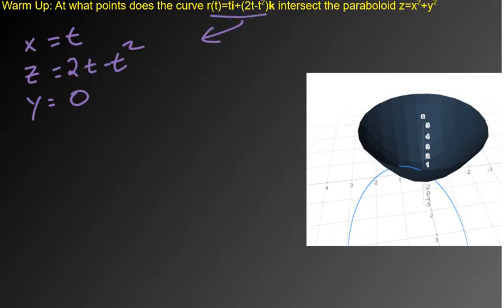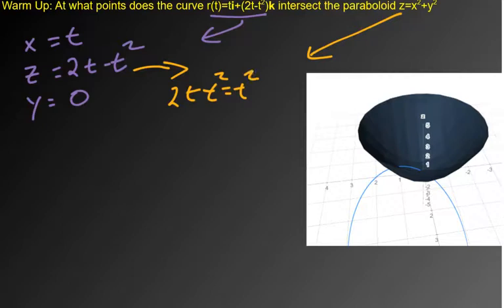And what I can just do is take these x's, y's, and z's and plug them in over here. If I substitute in, I basically get 2t minus t squared equals t squared plus 0 squared. And then I can just solve this for t.